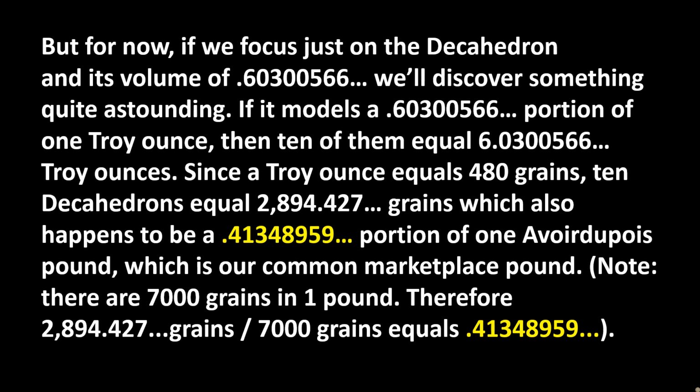Since a troy ounce equals 480 grains, 10 decahedrons equals 2,894.427 grains, which also happens to be a 0.41348959 portion of 1 avoirdupois pound, which is our common marketplace pound. Note, there are 7,000 grains in 1 pound. So stick with me. I think you'll get this very quickly.